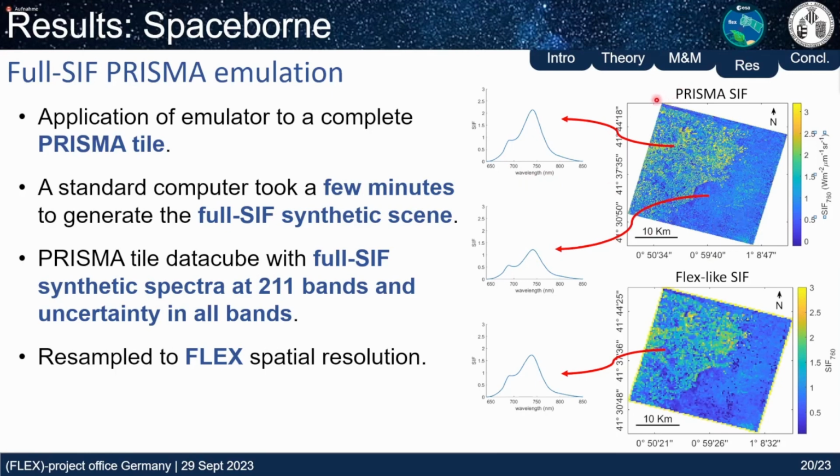So finally, we have a very large image with a full SIF synthetic spectra for each pixel. And we also resampled to FLEX spatial resolution to evaluate the heterogeneity of the crops, and we obtained these two images.